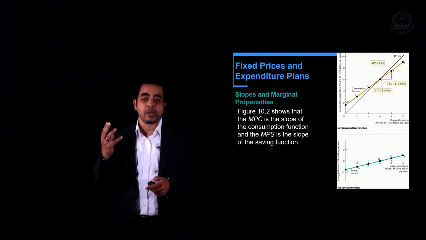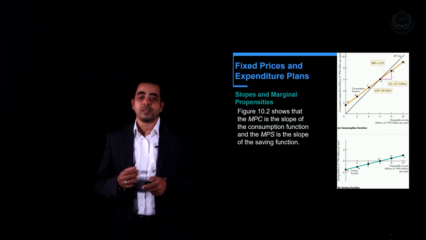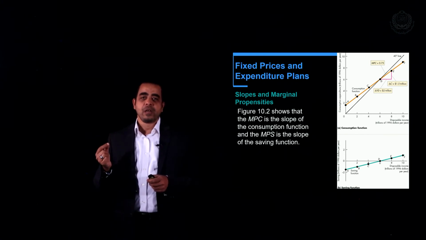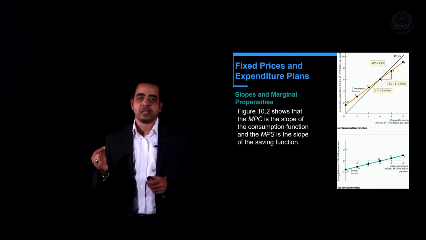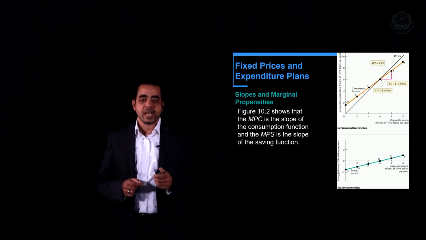What does this 0.75 mean? It means if your disposable income changes by 1, 0.75 of this increase will go to consumption and 0.25 will go to savings.